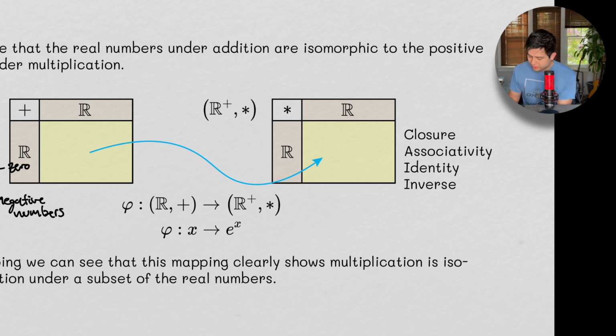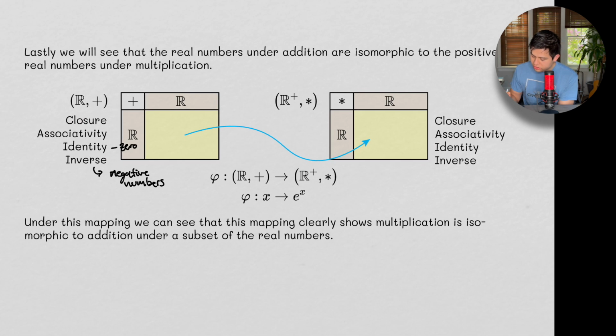And we can say here that the positive real numbers, so we consider a map now. This is our isomorphic mapping. This map is going to take all the real numbers under addition, and map them to all positive real numbers under multiplication.